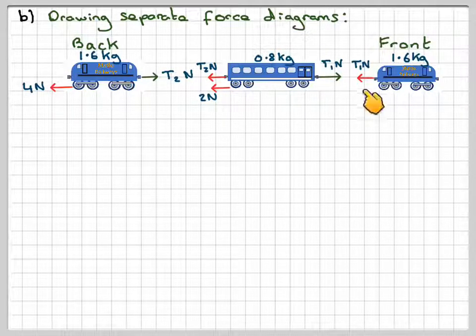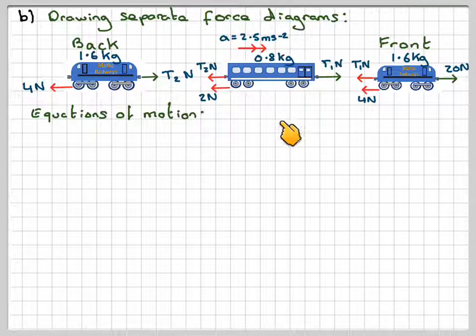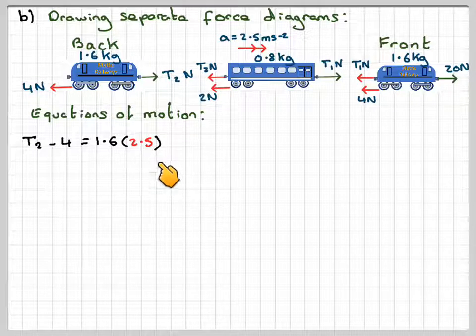Now we've got the front engine, which is 1.6 kilograms. That's going to have the same coupling force as this passenger carriage here. It's going to have a 4 newton resistance to motion, but it has a driving force of 20 newtons. We have an acceleration of 2.5 meters per second squared. We're going to say the train is moving this way. So working out the equations of motion of each part separately, we have T2 minus 4 equal to 1.6 times our acceleration, which is 2.5.